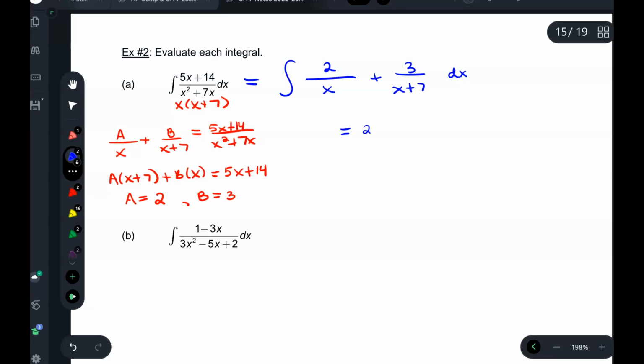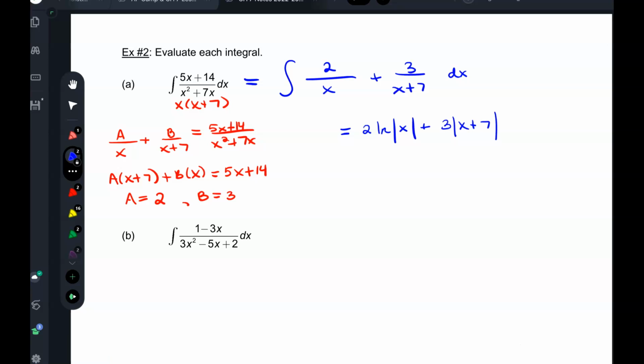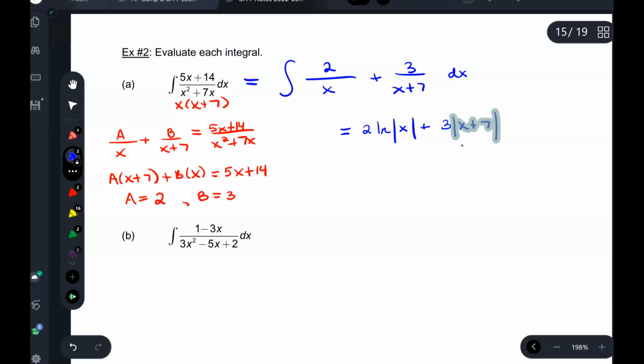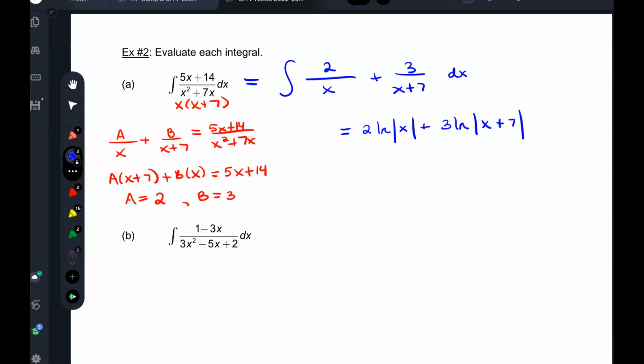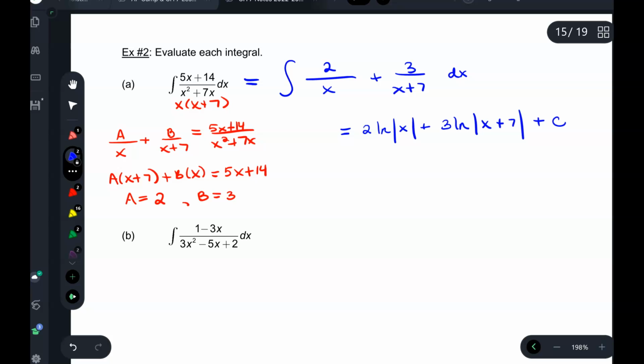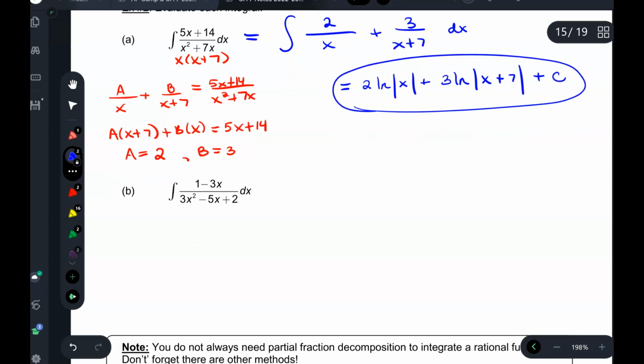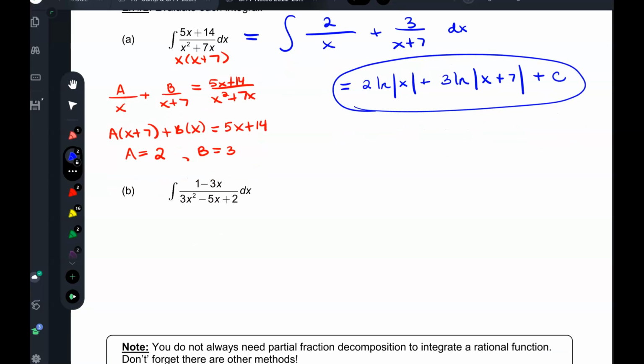So 2 natural log of x plus 3 natural log of x plus 7. You don't have to worry about u substitution here because the derivative of the bottom is 1 in both cases. Plus c. Of course, we almost forgot that. Surprise. Thanks, Jonah.